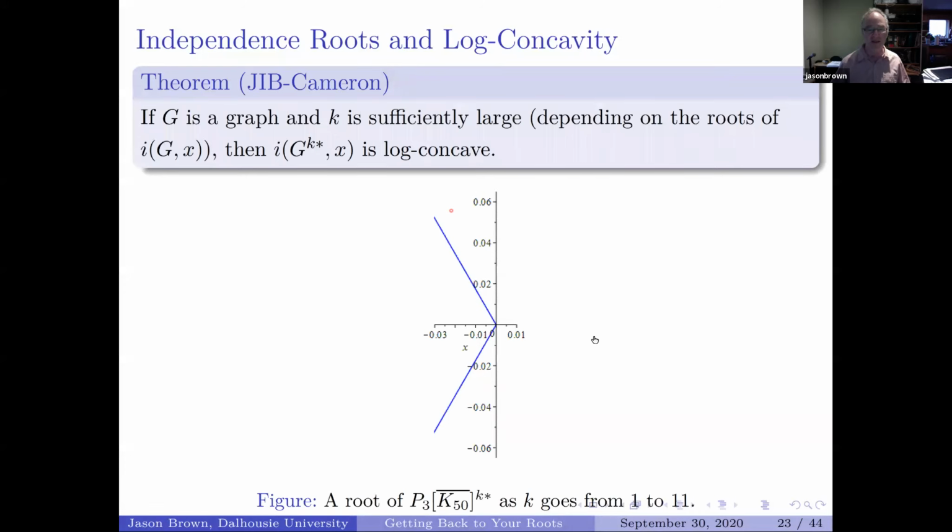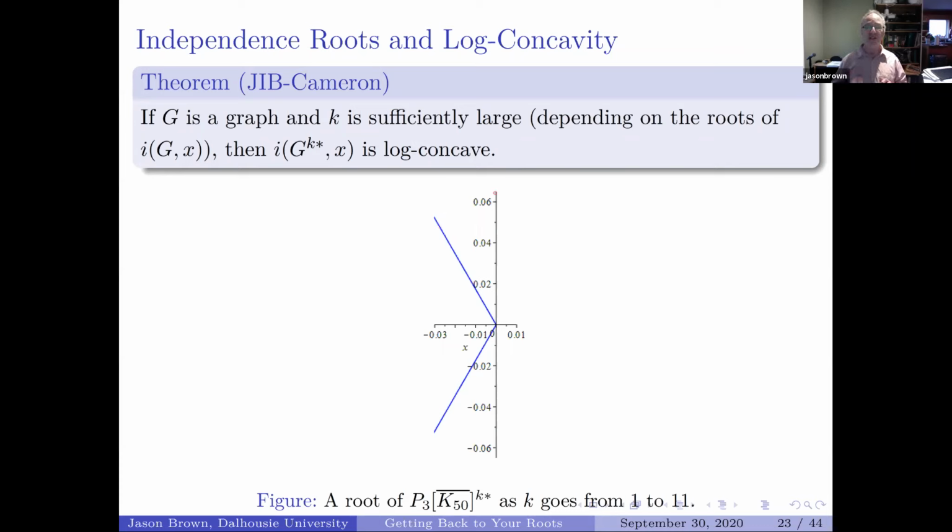Okay, so we have a little theorem here that the following is true. If G is a graph and k is sufficiently large, so that depends on the roots of the independence polynomial of G, which has some fixed roots, then eventually the independence polynomial of the k-star of G is log-concave and therefore unimodal.